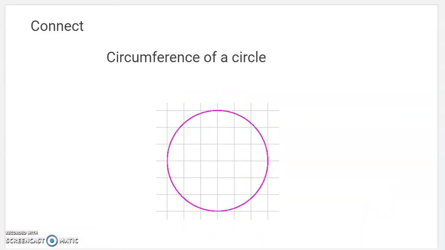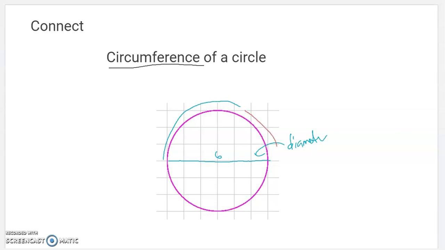Well, first, let me remind you something else about a circle we've done, and that is find its circumference. So a few days ago, we learned that if you found a circle's diameter, that's called a diameter, across the middle, and you know how long that was, 1, 2, 3, 4, 5, 6 units in this case, that 6-unit diameter would fit around the outside of the circle.